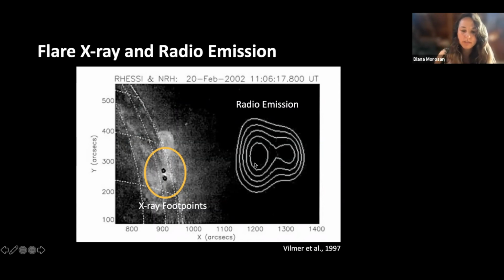In this example, we know that there were electrons traveling downwards to produce these X-ray footpoints, and also electrons traveling up to produce, in most cases, a type 3 radio burst. And we see with the Nancay Radioheliograph a radio emission right above the flare site. So we see the footpoints and we see the radio bursts. Usually the type 3 radio bursts and the X-ray footpoints are correlated in time.